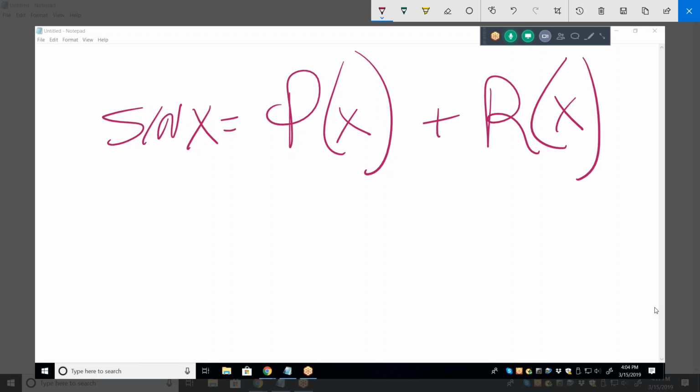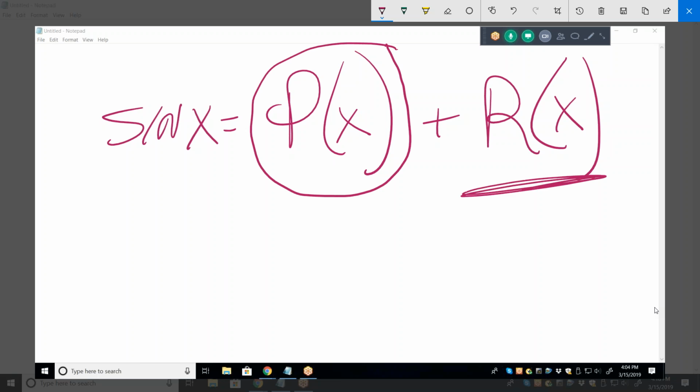In other words, if I'm going to approximate the sine of x by the first, say, 4 terms of the polynomial, that's that. And everything that I leave behind, which is everything else out to infinity, is that.